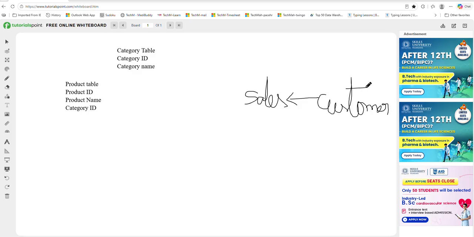Okay, and here date table will be there, will be connected here.